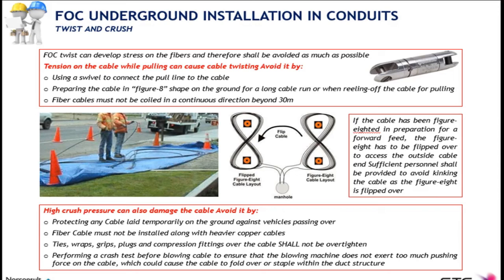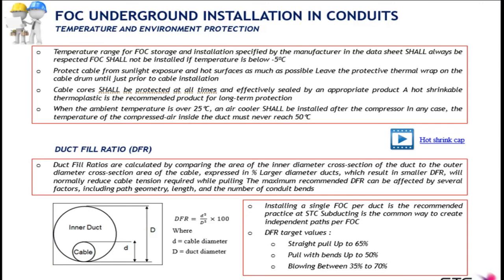We will see this in detail when we study the blowing installation techniques. Just keep in mind that a crash test is mandatory prior to any fiber blowing. Also remember that the figure 8 installation has to be flipped over if you are doing forward feeding to avoid cable kinking.